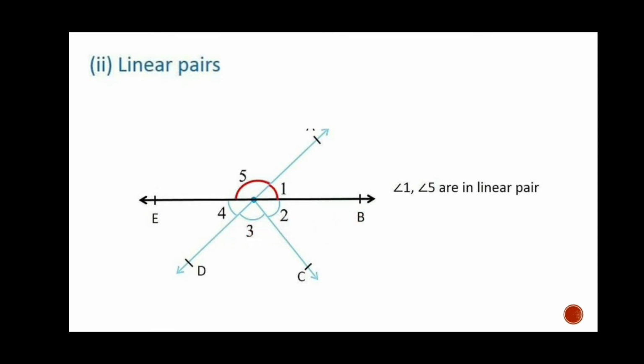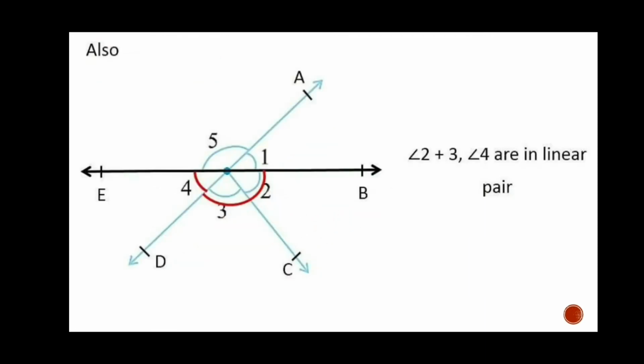Now in the figure you can also see there are more linear pairs. Now we see here that angle 4 and this complete angle 2 plus 3, right? These are also making a linear pair. Yes.